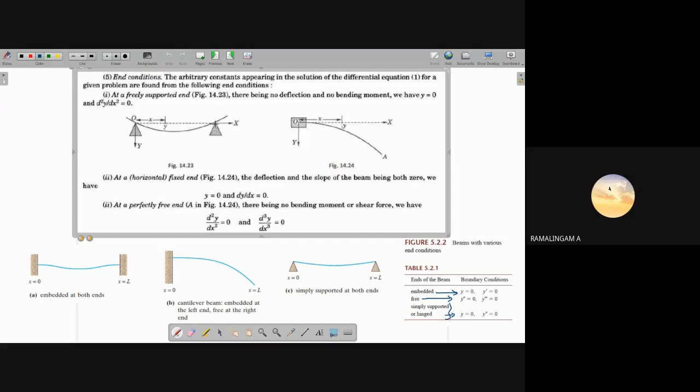So there is a difference between perfectly free and freely supported. Freely supported is also the same as simply supported. Simply supported or freely supported are the same. So for simply supported, what is the condition? Y equal to 0 and y double dash is equal to 0.